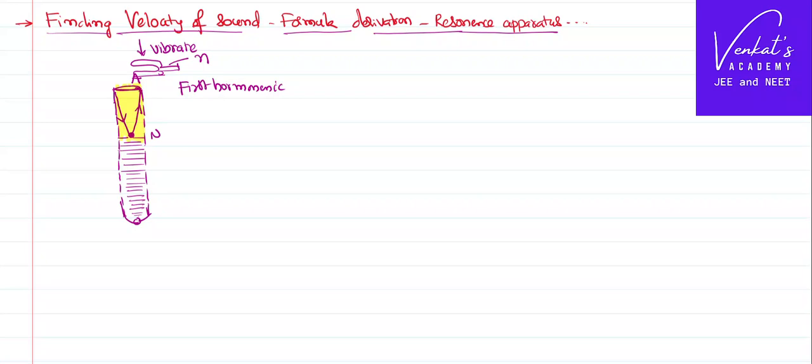So for a particular length of the air column, the frequency of the fork becomes the frequency of the air column. In that case, a large booming sound comes and resonance is heard or felt. So a large booming sound through that pipe is heard.